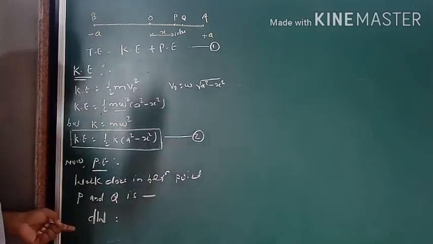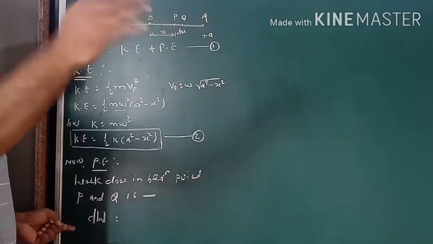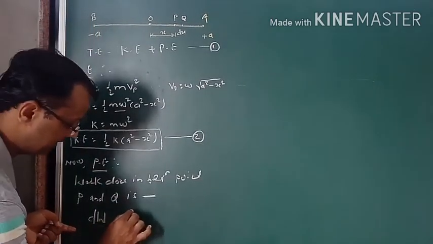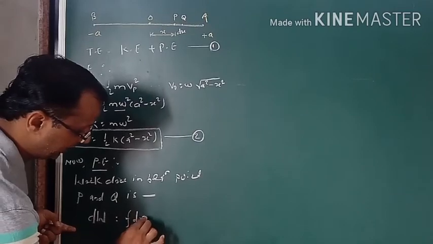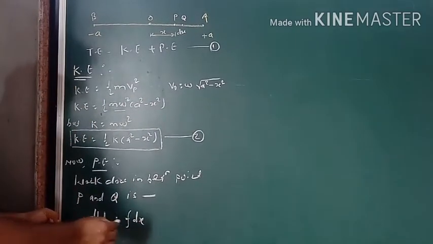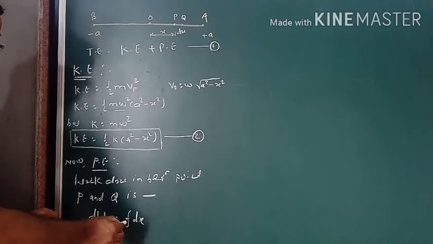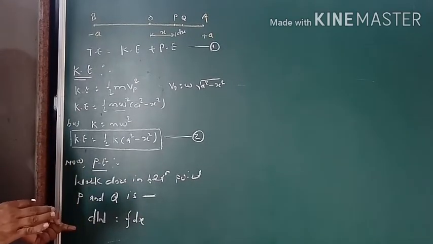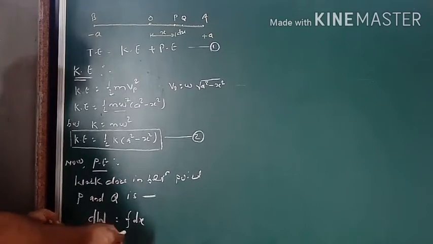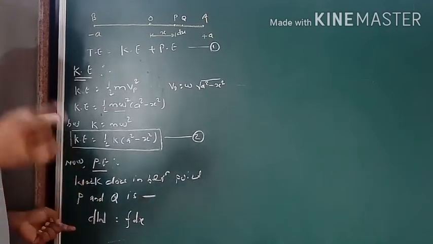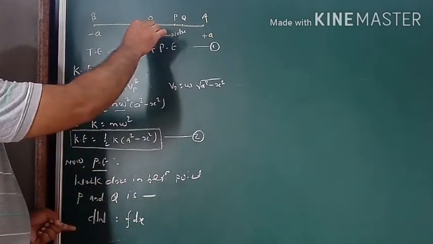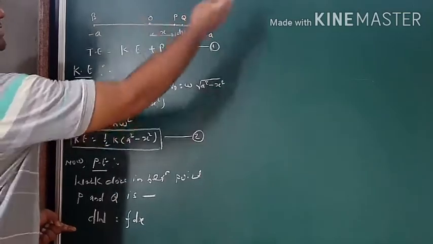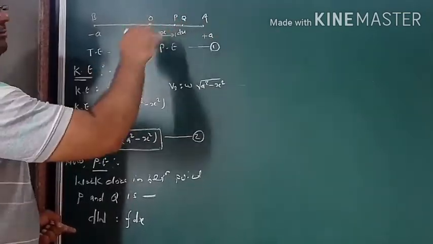Yes, the basic formula of work done is force into displacement, that is F into dx. But what happens here? The direction of the restoring force and the direction of displacement are opposite to each other. The direction of the restoring force is always towards the mean position, and we displace the particle away from the mean position.